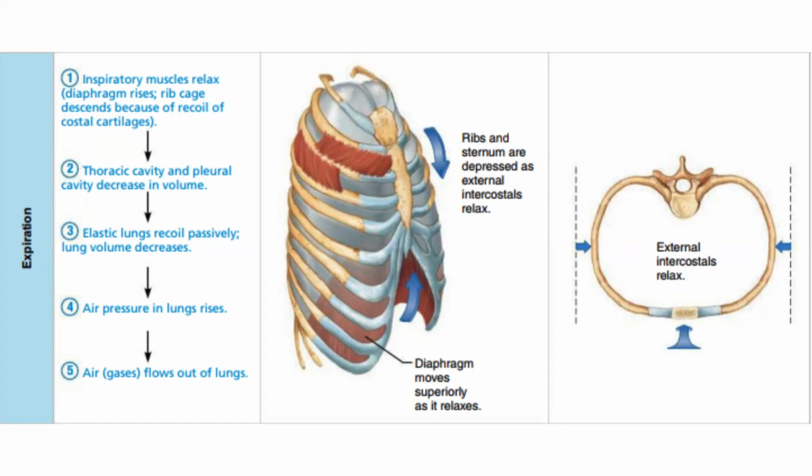As you saw, there are elastic fibers around the alveoli. They will contract and the lung will recoil with the elastic recoil, and by doing so, passively reduce the lung volume, and the air pressure will push the air out of the lungs. So that is the normal quiet expiration.